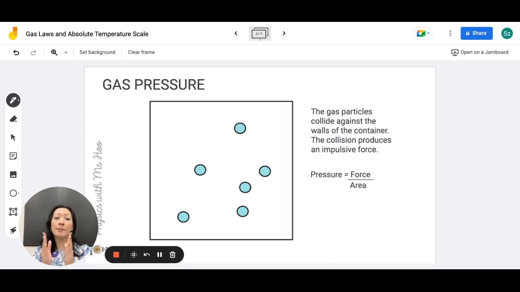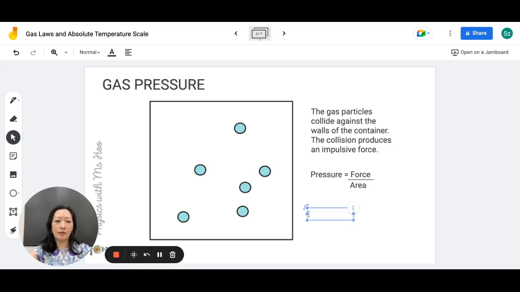Because the gas particles are producing impulsive force every time they collide against the walls of the container, it exerts a pressure, because pressure is force per area. So basically, the gas pressure in this case is the ratio of this impulsive force per area of the walls of the container. Let me write that down for you.